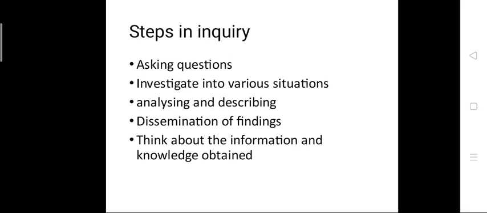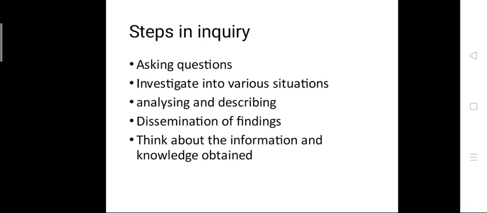And the fourth step is dissemination of findings. So as a result of this analysis and description, we will get some finding or a set of findings. Those findings should not be kept on a shelf, they shall be disseminated properly.